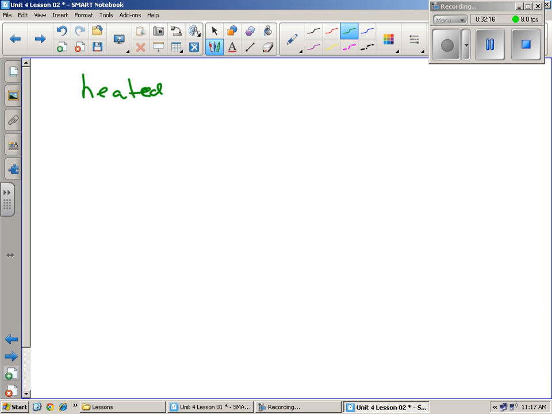Okay, heating it is like putting it on a hot plate, for example, and basically just cooking it. So this is decomposition, really. And make sure you know that that term goes with that.